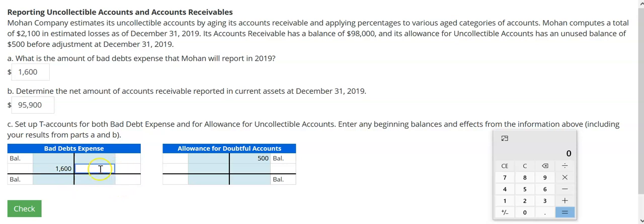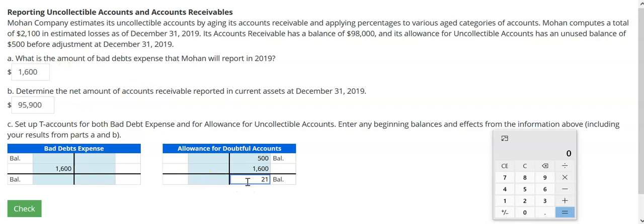As we debit bad debt expense for $1,600, we would credit allowance for doubtful accounts or allowance for credit losses for the same $1,600 to get us to this $2,100.